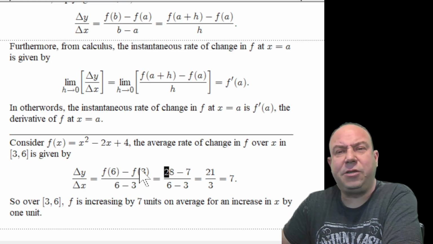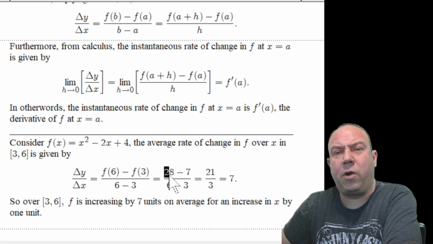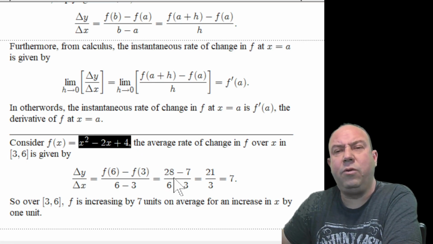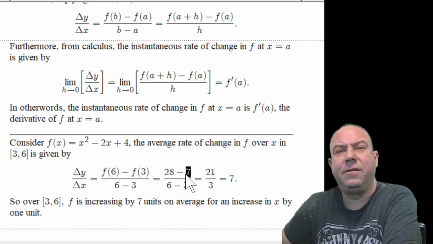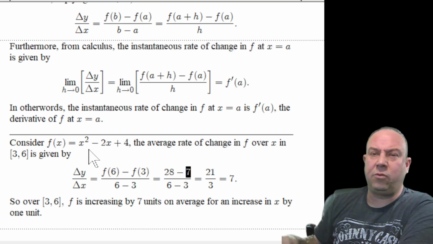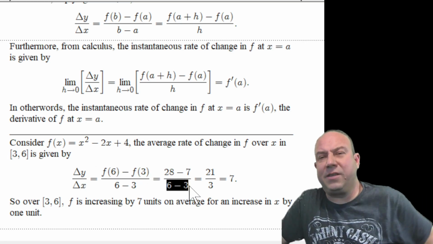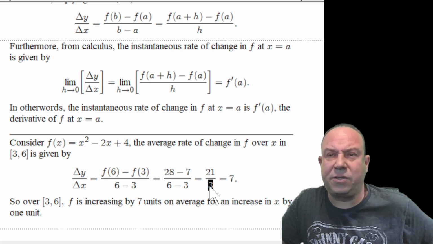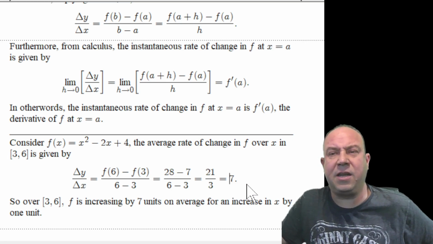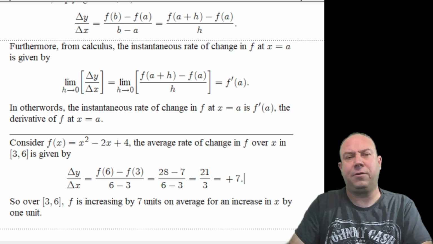And if we substitute 6 and 3 into our function, f at 6 becomes 28. F at 3 will become 7. And when we take 28 minus 7, we end up with the value of 21. 21 will be f of 6 minus f of 3. Now in the denominator, we have 6 minus 3, which is just equal to 3. So in the end, we end up with positive 7 in value.